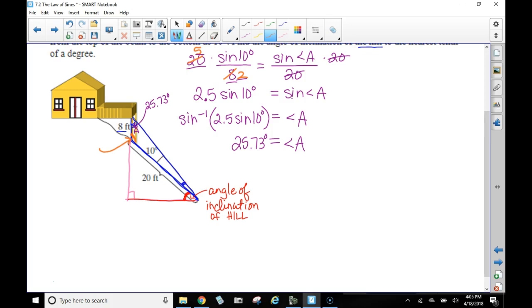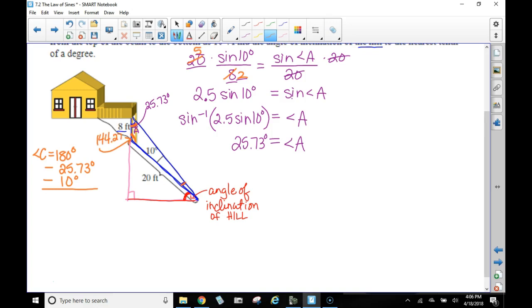Maybe we'll call it angle C. Angle C is going to be 180 less the 25.73 less the 10 degrees, taking this angle and this angle off of there. And so that angle is 144.27 when you subtract that.